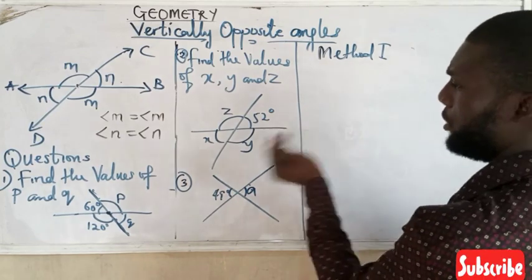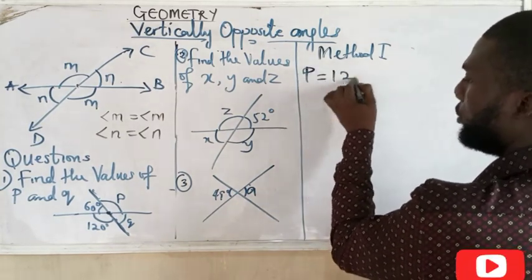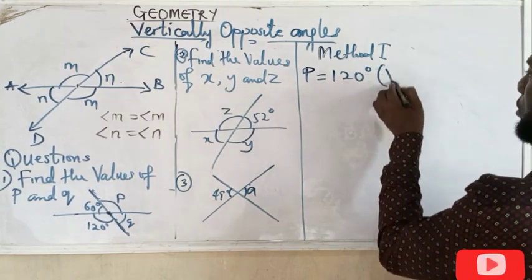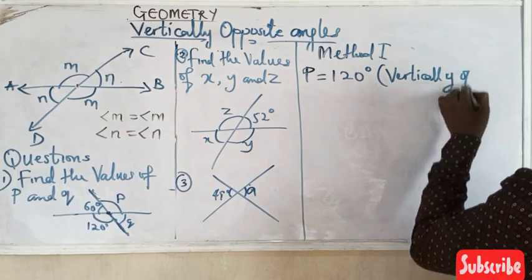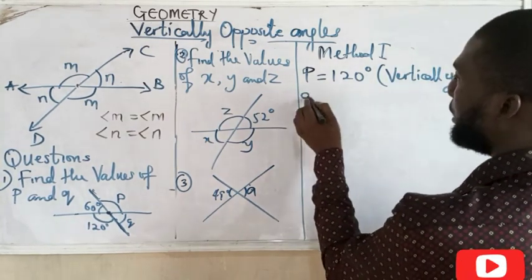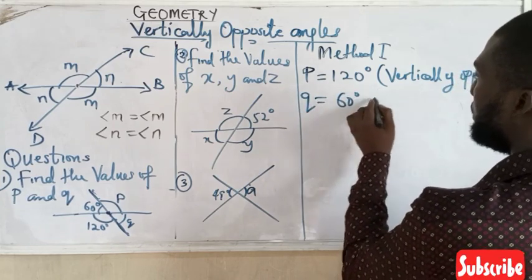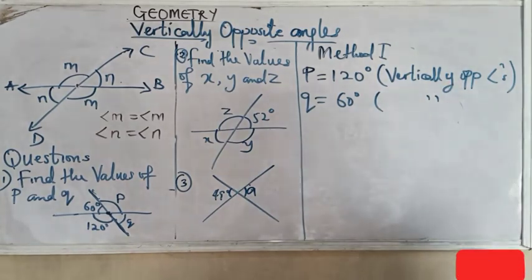So automatically, there's no need for me to stress myself. I will just say that P equals 120 degrees. Reason: vertically opposite angles. And Q is automatically 60 degrees. Reason: vertically opposite angles. Same reason.